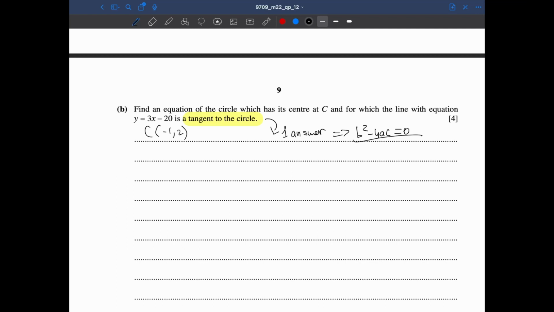So we have some equation. Find the equation of a circle. So some circle, and we don't know the radius, so let's just call it c. And we should equate it to y equals 3x minus 20. And then we should make the discriminant 0.